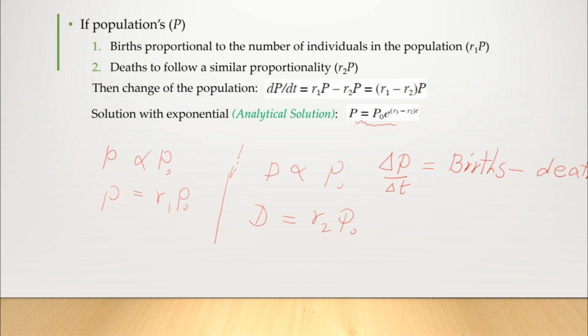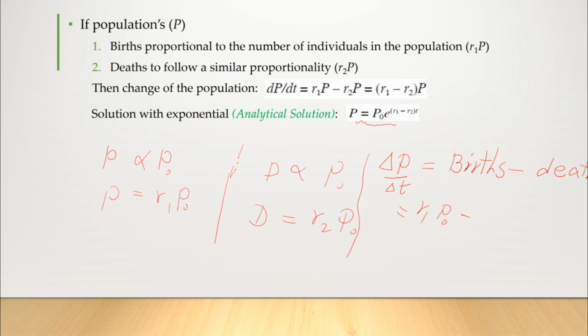In this case, we can write that again: births is nothing but R1 times P. Let me put P0 again, so that's what I wrote there.